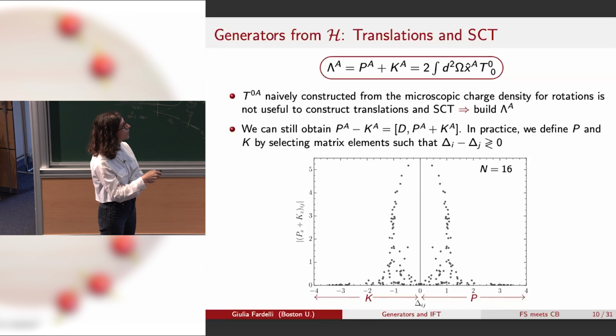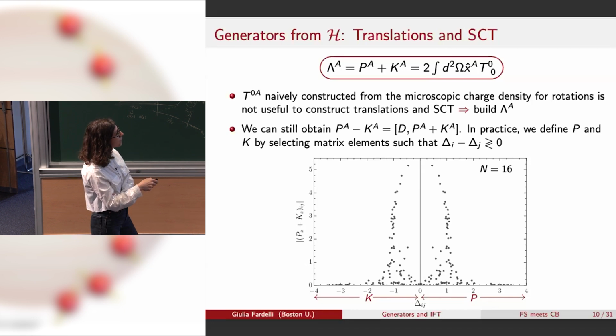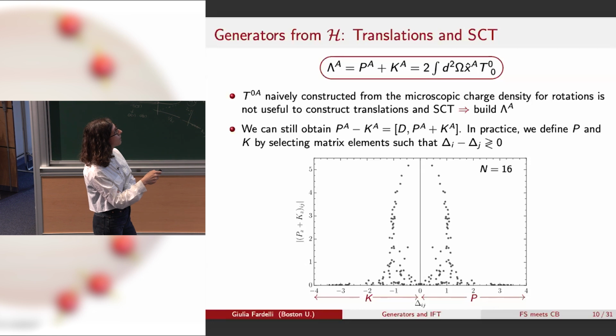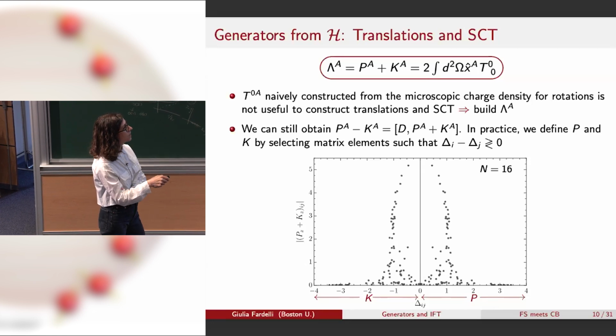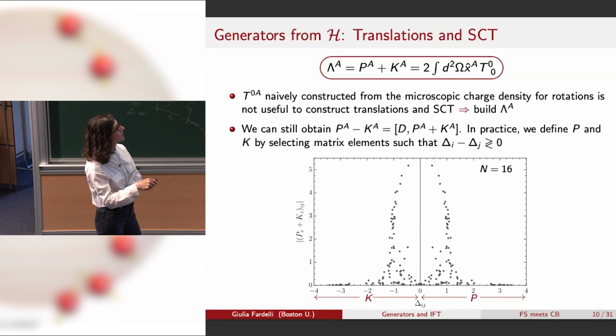And these are the absolute value of the expectation values of lambda z in between different operators. This is plotted at n equals 16, and this is the difference in the energy level of this i and this j term. And you see that without just implementing this directly on the fuzzy sphere, we have two spikes, one around 1 and one around -1.